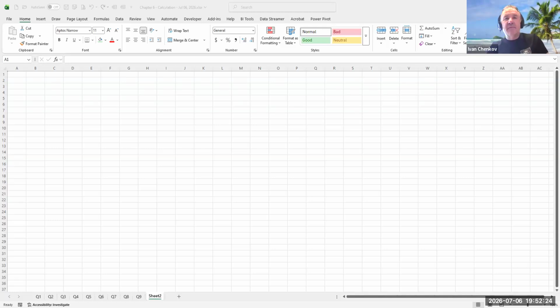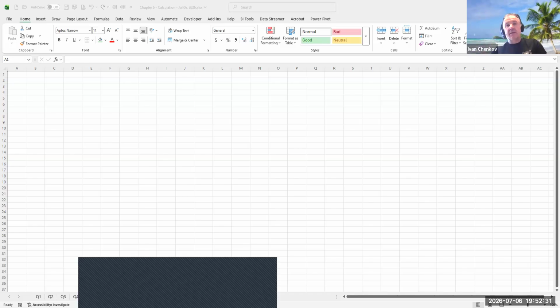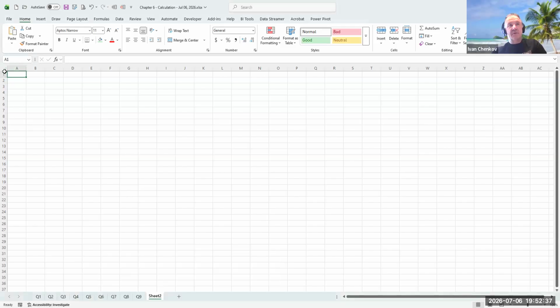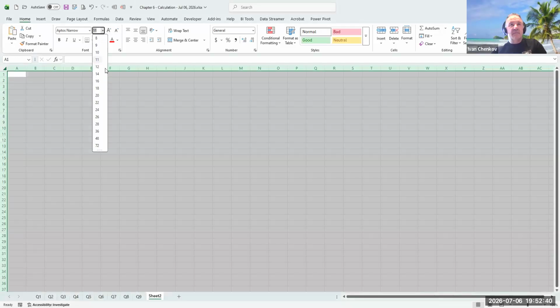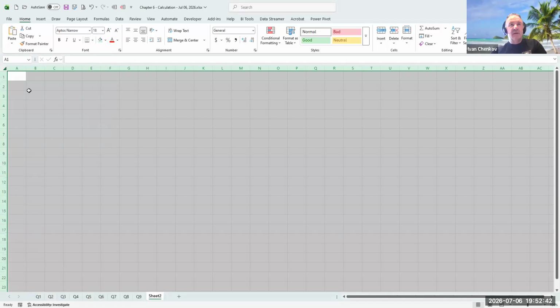Or the other option that you have is the Excel spreadsheet, which is posted with the recording from chapter 6. You can bring that Excel spreadsheet, and then you're going to see you can copy the worksheet and work with that worksheet. That's another option. First things first, let me make this bigger.